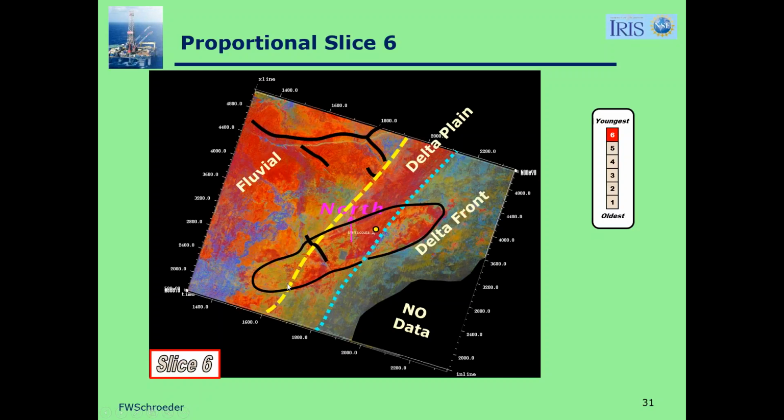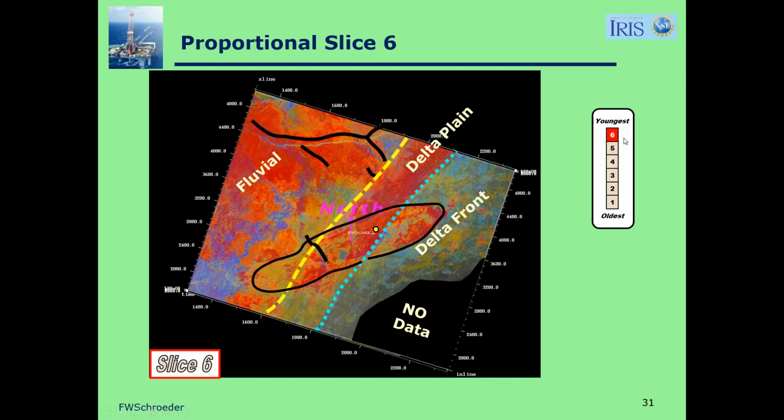So you can look at how these facies bands migrate through geological time. I'm a bottom to top geoscientist, so I like to think about what was happening when the first slice was laid down, and then the second was laid down, the third, the fourth, the fifth, and the sixth.